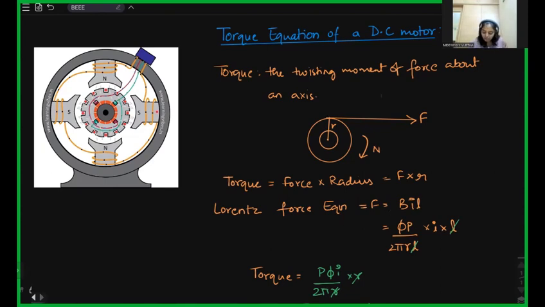And we have seen that phi equals BA cos theta. So B equals phi by A cos theta. Assuming we are taking only one surface, cos theta would be 1 here. So B is equal to phi by A.